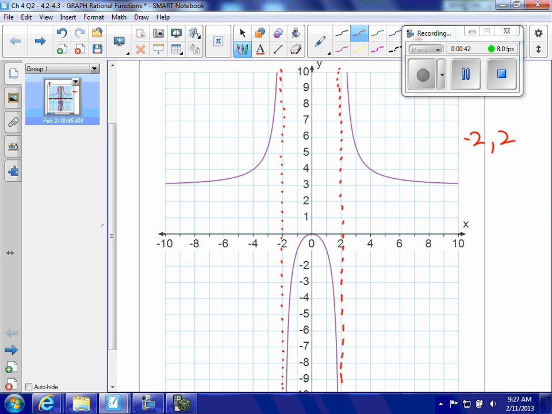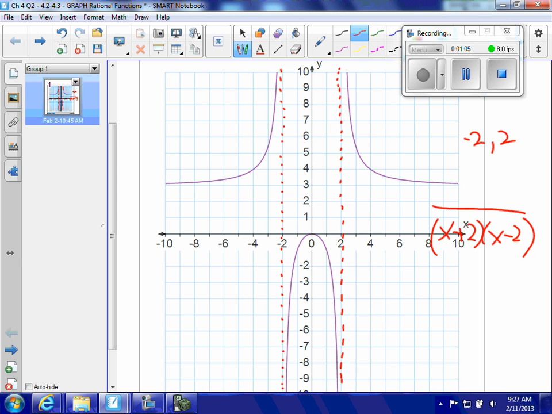That's telling me that in my denominator, I can't have x equal to 2 or -2. So I have just gotten my denominator for this function, which is going to be (x plus 2)(x minus 2). So by knowing what my vertical asymptotes are, I have the denominator.